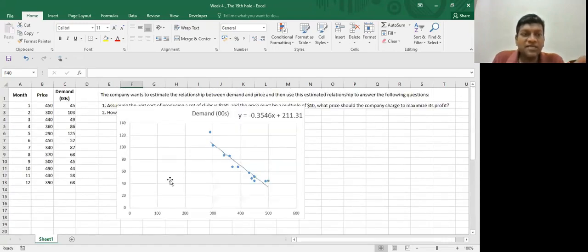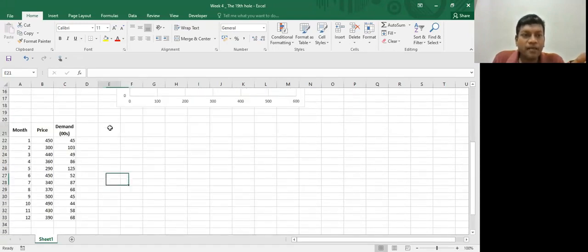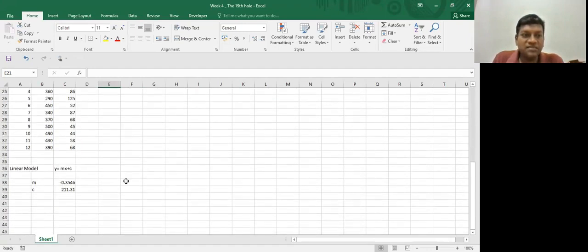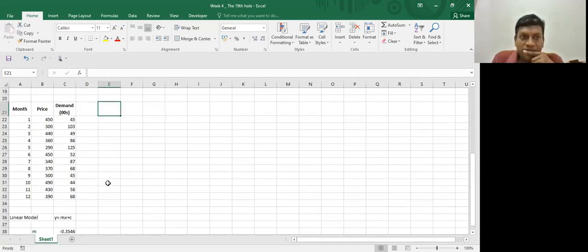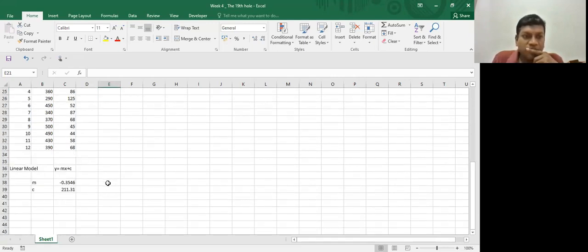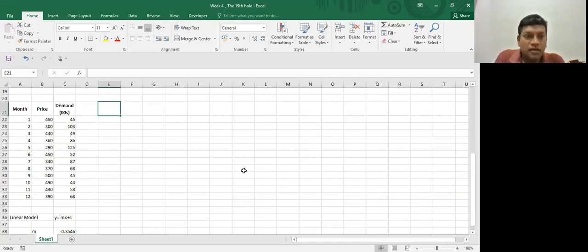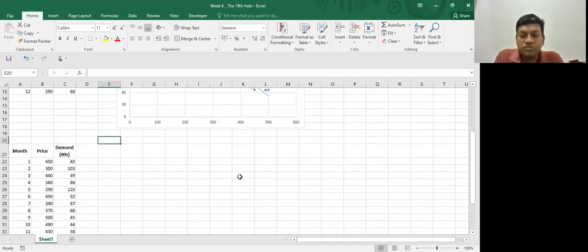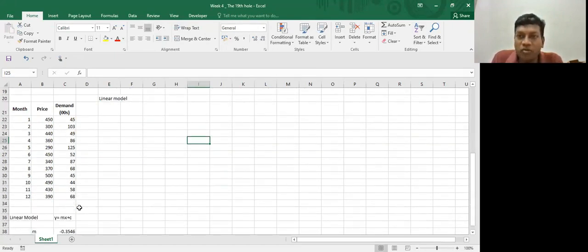Now let's use this linear model and see what it predicts. This is the actual price, and this is the actual quantity demanded. But let us see what our model will tell us.